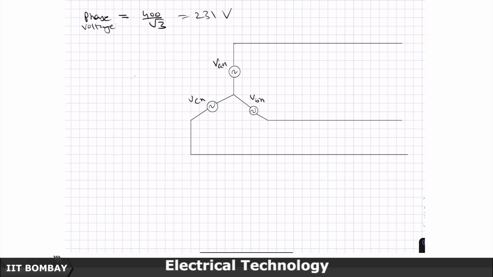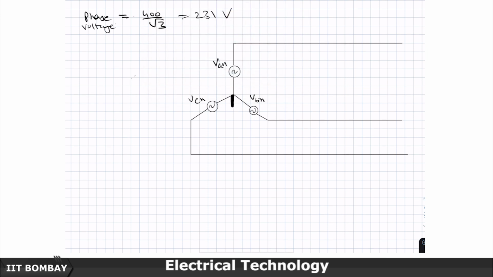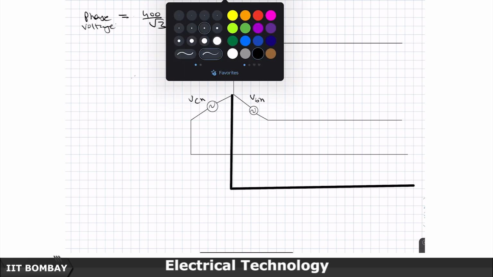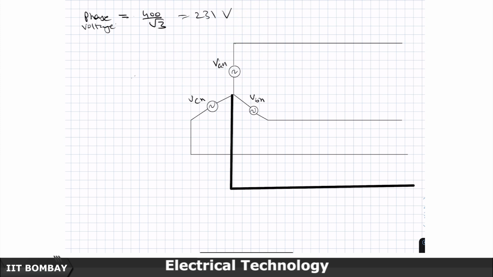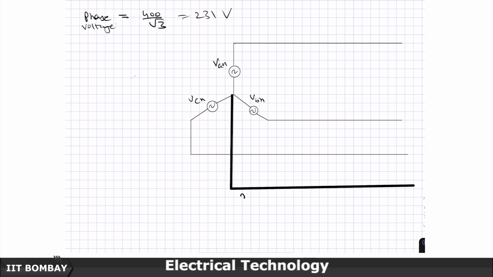Let me draw the neutral conductor a bit thick just to differentiate it, otherwise everything looks the same. This is the neutral conductor. This is A phase, this is B phase, this is C phase.